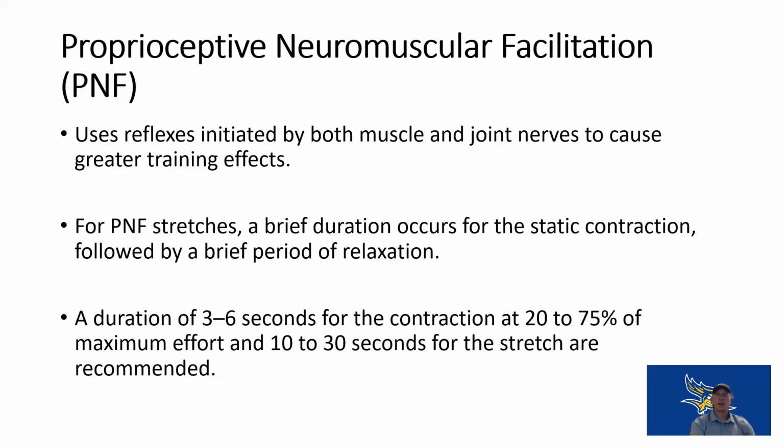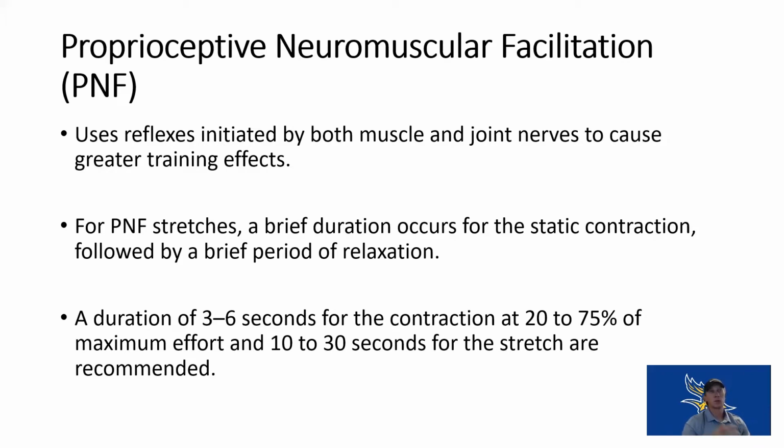Okay. We can also use things like PNF stretching, proprioceptive neuromuscular facilitation stretching, where we're doing contract and relax activities. I recommend doing them with a partner, where someone is stretching you passively, you contract against them, and then have them actively pull you into more range of motion.